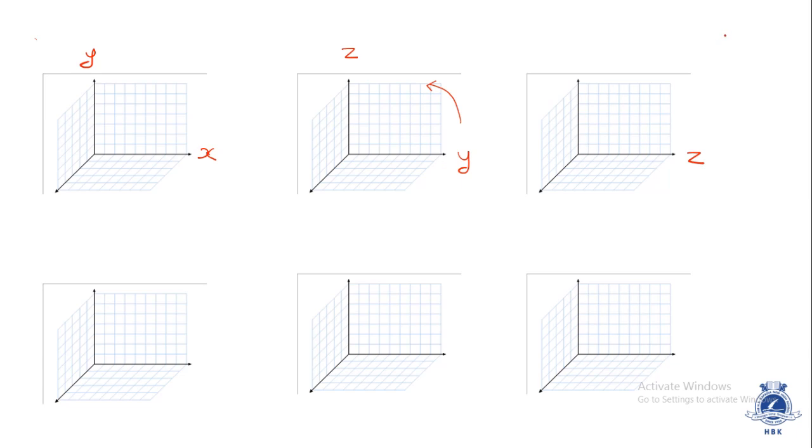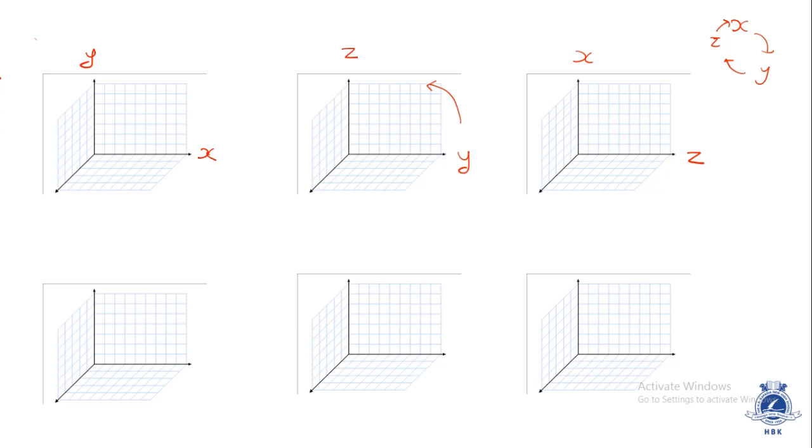In our alphabet, first it comes x. After x comes y, after y comes z, and after z comes x. Remember the sequence: x, y, z, x again. So after z will come the x-axis.